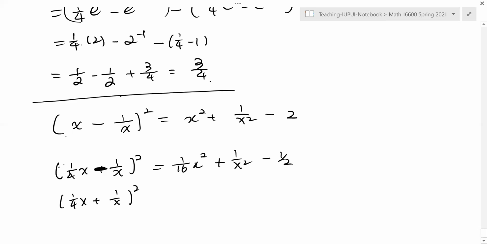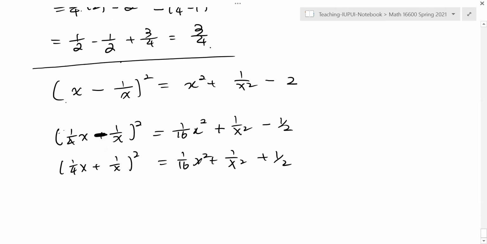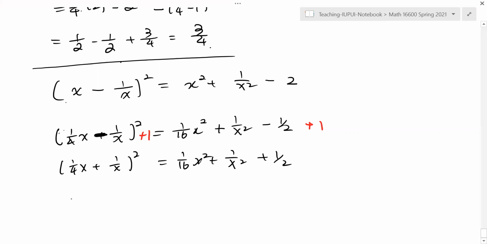When I change it to a positive sign, it's positive 1/2. So if I add 1 to both sides, negative 1/2 plus 1 becomes positive 1/2. That's why you can have 1 plus a quarter of x minus 1 over x, squared, equal to a quarter of x plus 1 over x, squared.